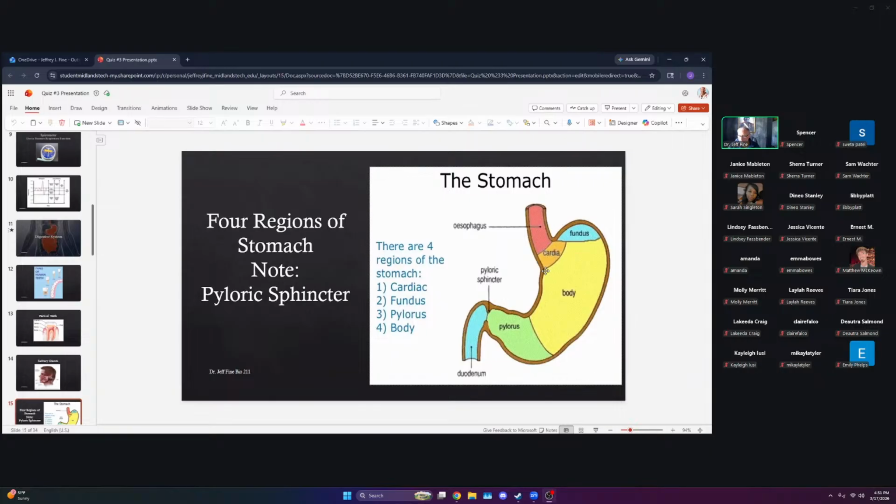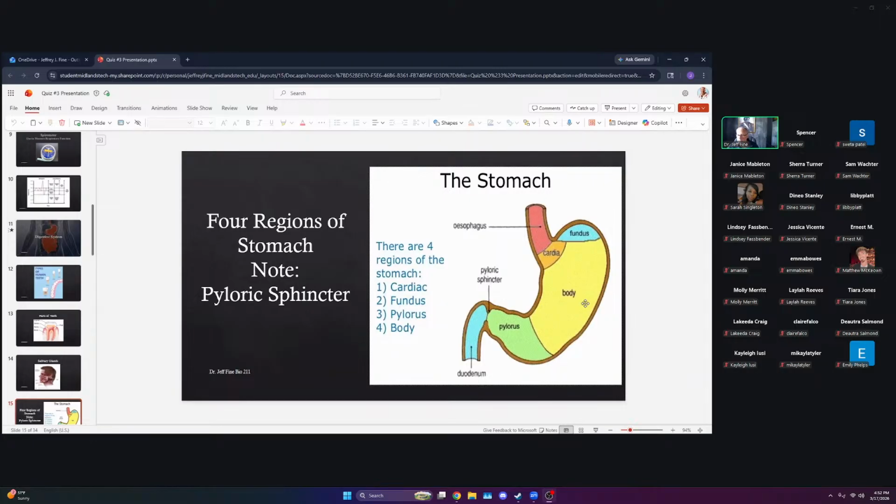So that's one of the four regions of the stomach, the cardiac region, right where the esophagus melds in. Up at the top, the most superior aspect of the stomach is called the fundus, as you can see. And then the largest of the four portions by far is called the body of the stomach, colored here in yellow.